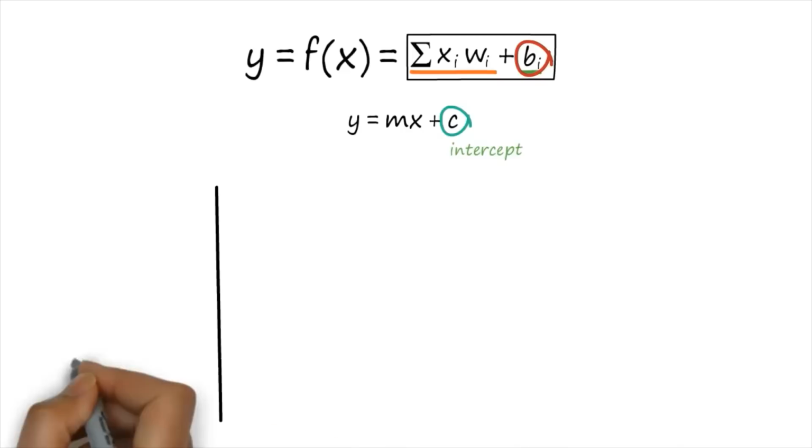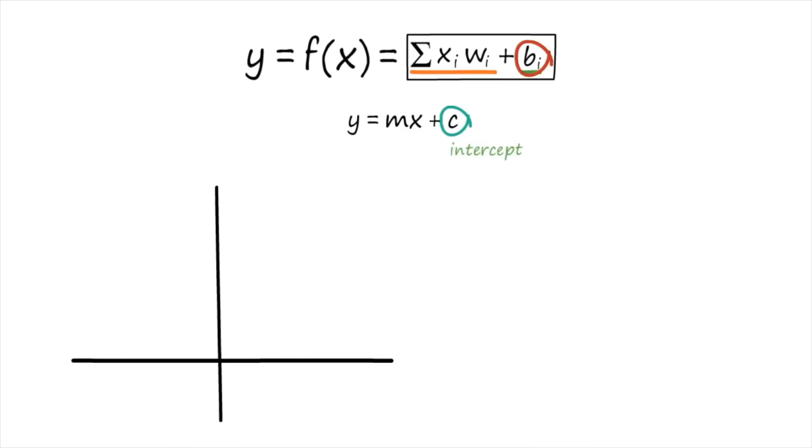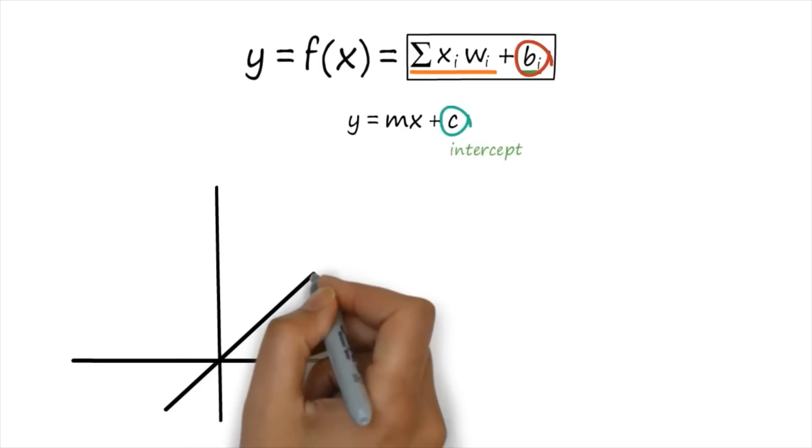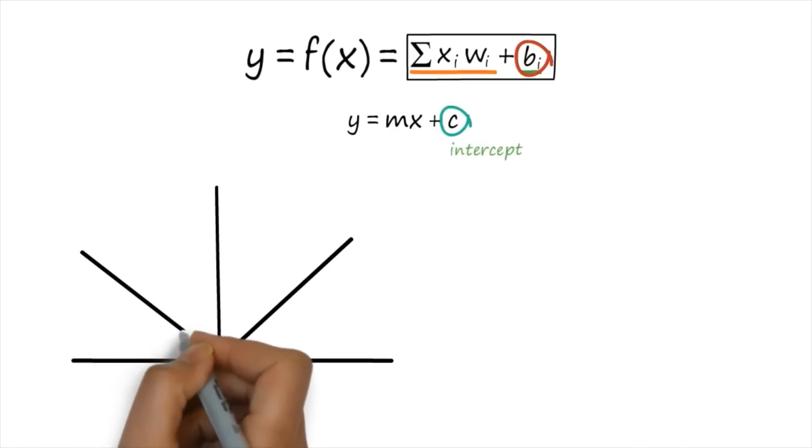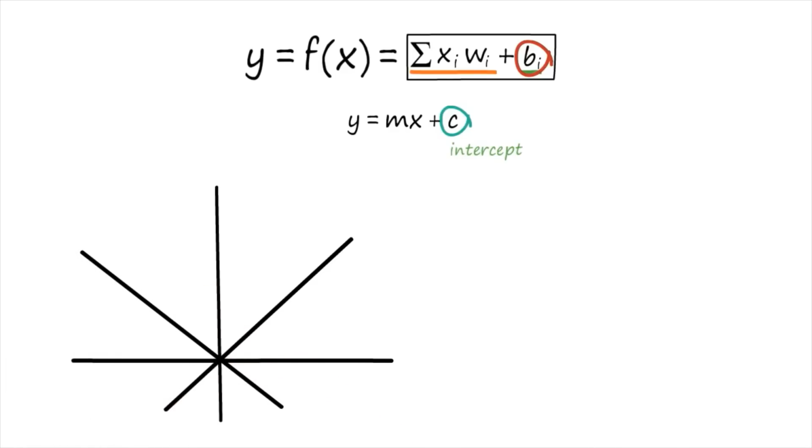Whenever we design any straight line without c, it will be a straight line that passes through the origin. It may be any straight line, but it passes through the origin. But whenever we introduce c, what happens?